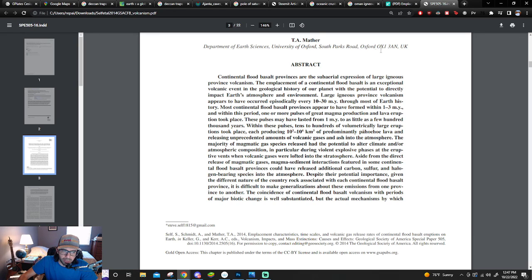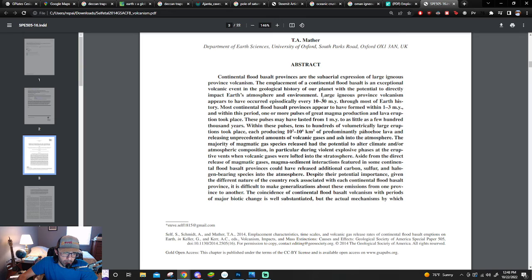Although at the same time, most of Earth's history radiometrically is periods of change. Radiometrically, it almost captures no time of actual Earth's history. It almost entirely is just periods of change. So it would make sense that there was a lot of episodic, because it's not actually 10 to 30 million years.